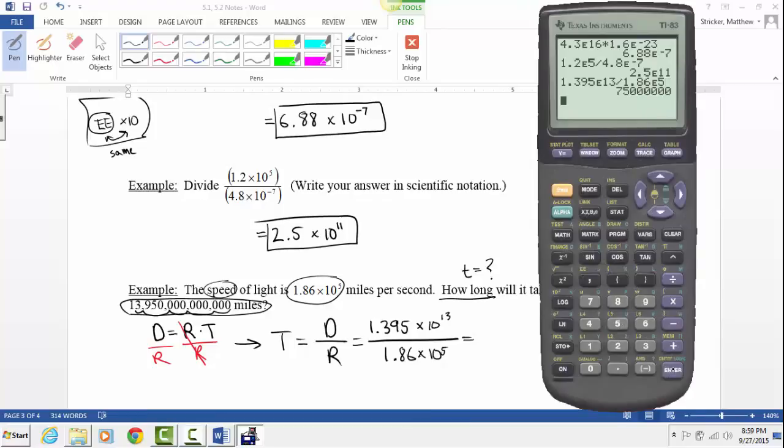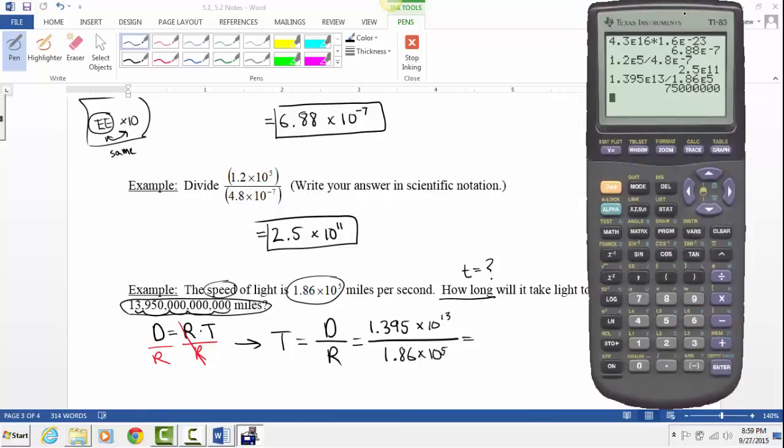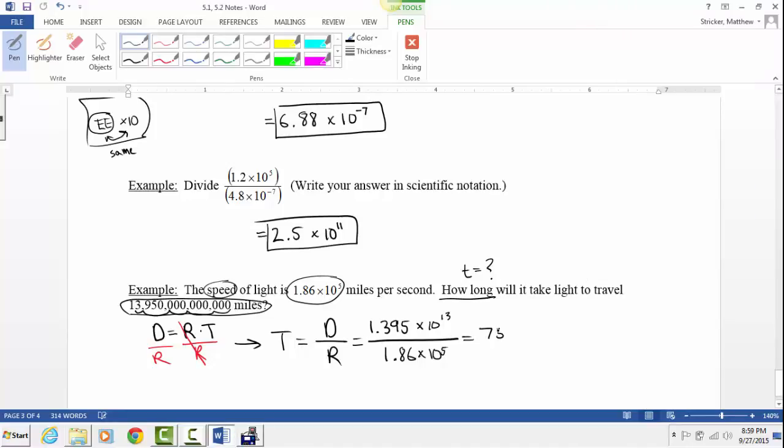And that equals, according to this, looks like 75 million. So this is 75, with 6 more zeros added on the end here. And of course that's time, so this is going to be in seconds. So this is 75 million seconds.